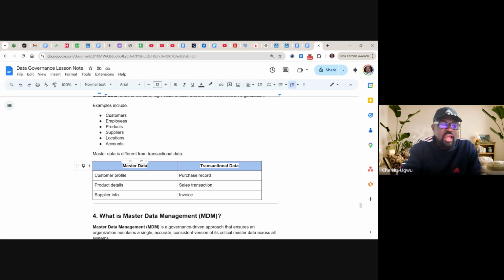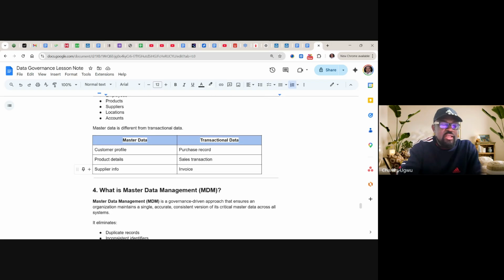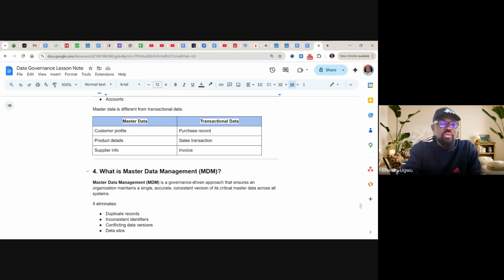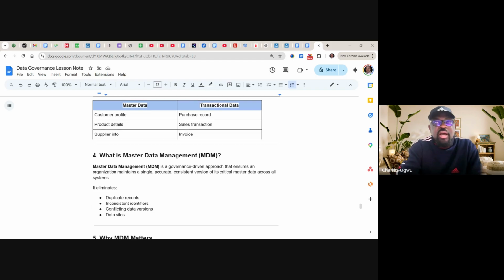If anything happened to the master data, the organization will suffer loss. It's extremely important we understand it and how we manage it to avoid any kind of risk or vulnerability around master data. That is what you are here to understand, to safeguard master data against any form of vulnerability.